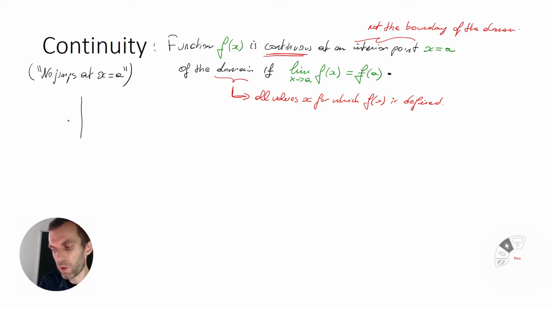So intuitively speaking, that means that the graph of f near x is a should not have any jumps. You should be able to trace it without lifting your pencil.